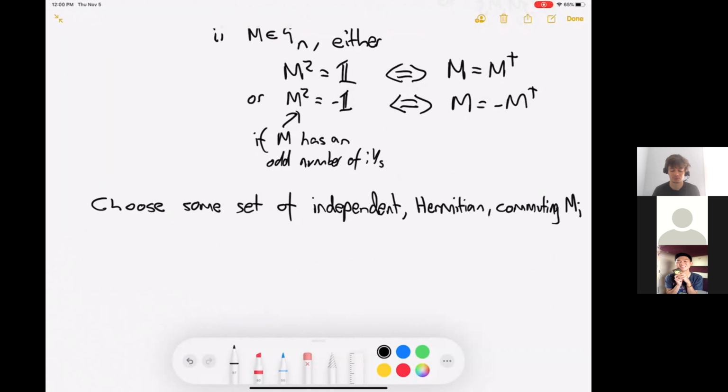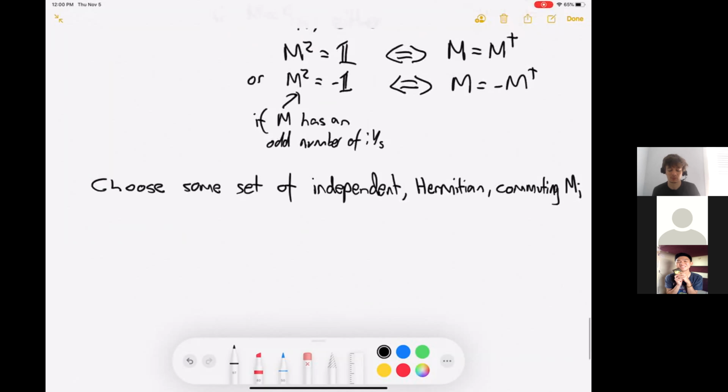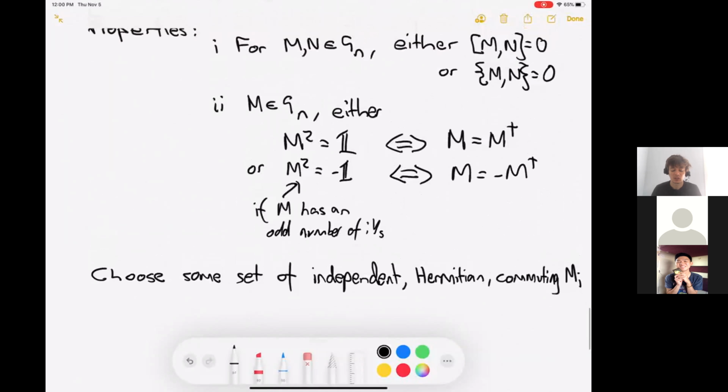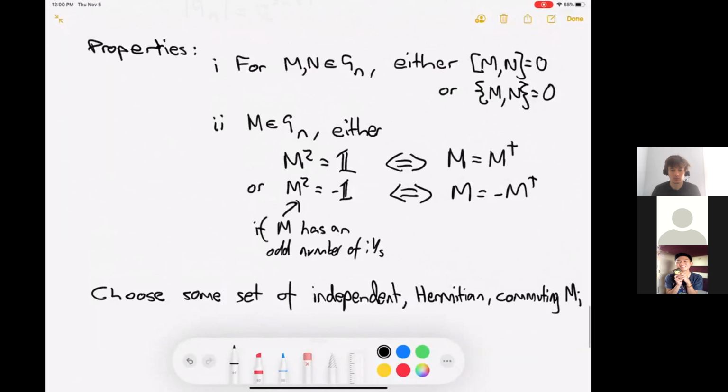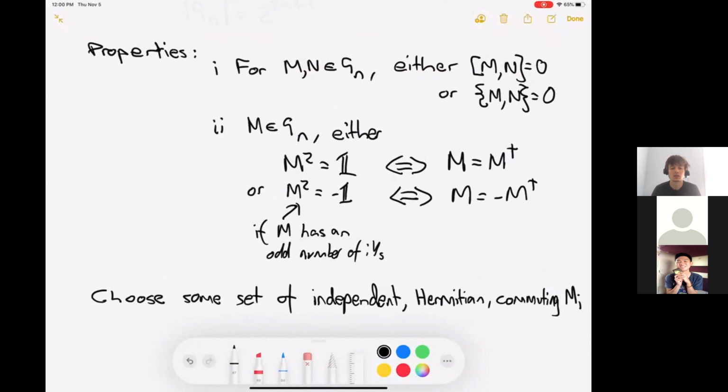Sorry, could you say again why having an odd number of iYs leads to minus 1? I would think that having any number of iYs would lead to a minus 1. No, because each i squares to give a minus sign. But if you have an even number of i's, then you have an even number of minus signs, and that ends up giving you plus 1.